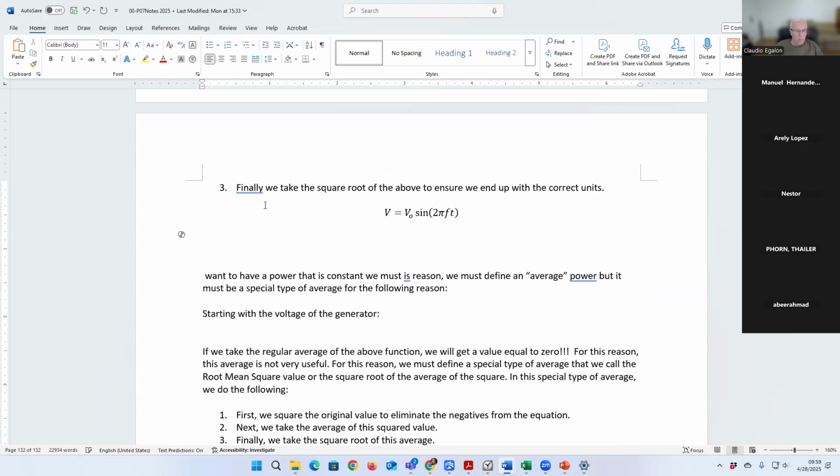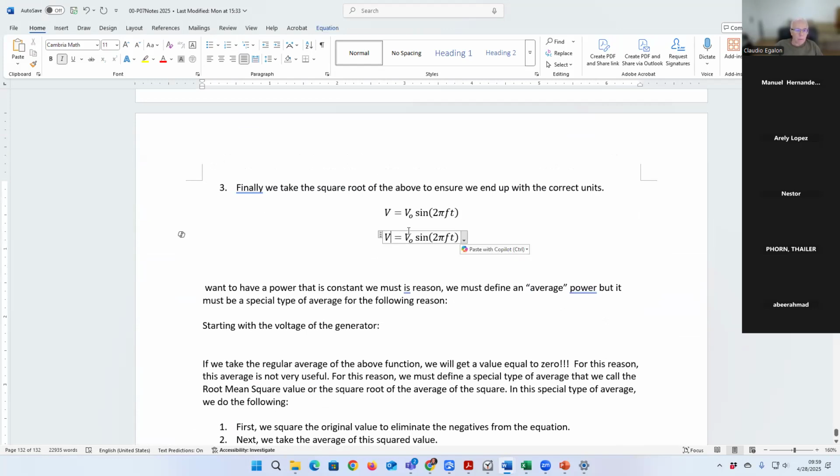First, we square the function. Here you go, that's the first step.